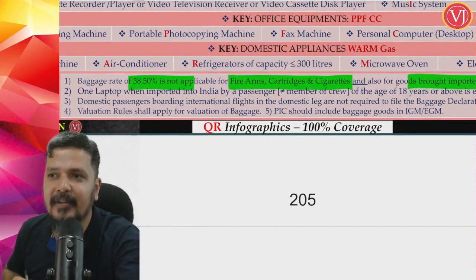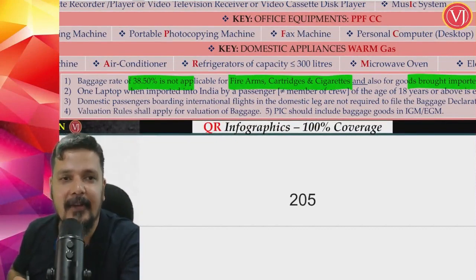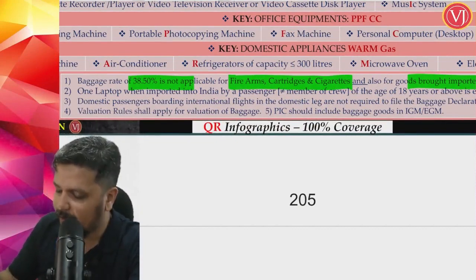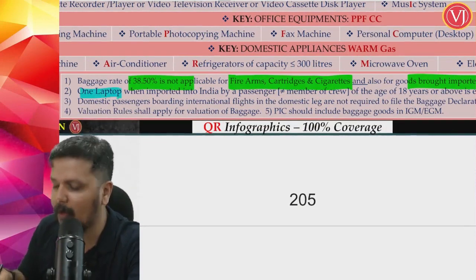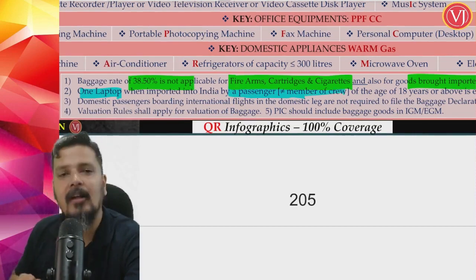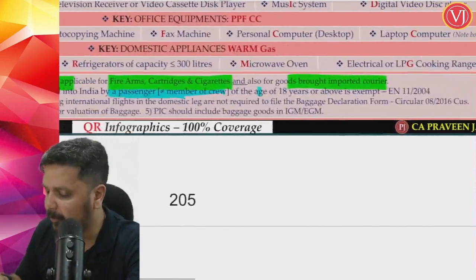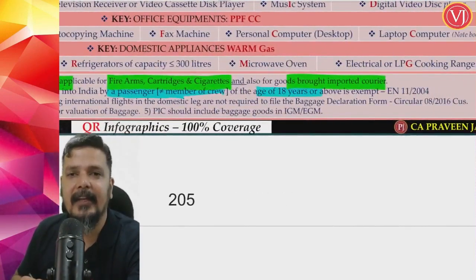Now, one point I have missed out, which is a very important point. Apart from the exemption that we have discussed, there is an extra exemption for a single laptop. If you are bringing one laptop, two conditions: you are a passenger, not a crew member, and you are an adult, more than 18 years of age.